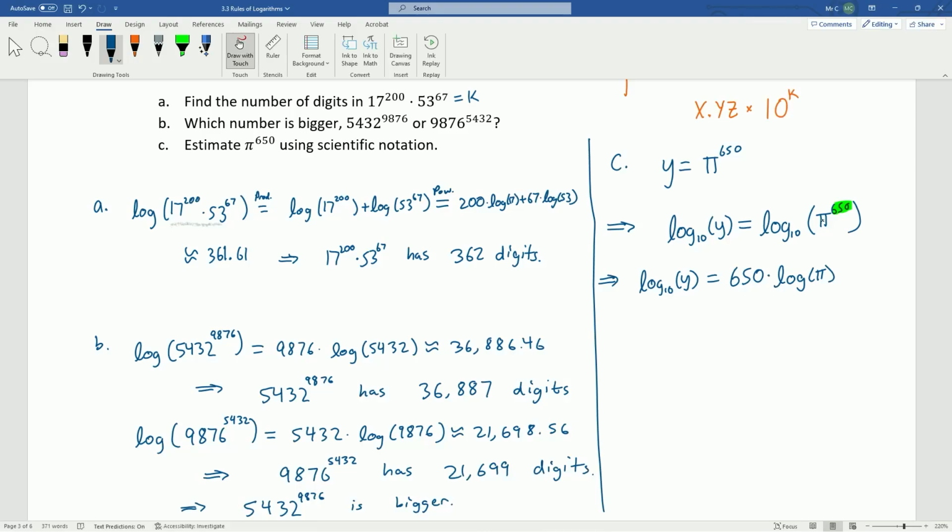Now we're in logarithmic form, so I need to get to exponential form base 10, but I can now plug this into my calculator, 650 times log of pi, and that gives me that log base 10 of y is approximately 323.15.